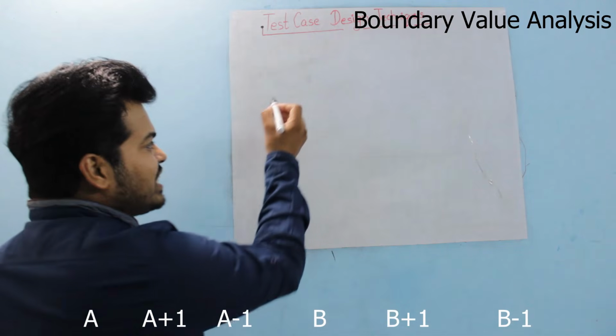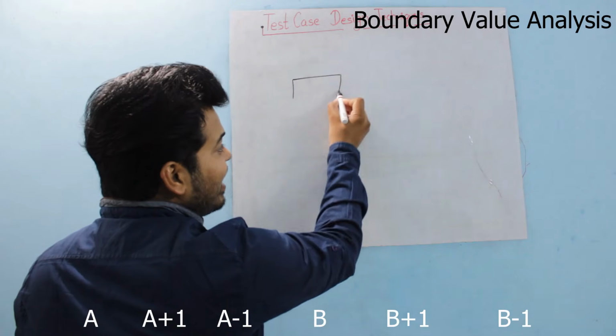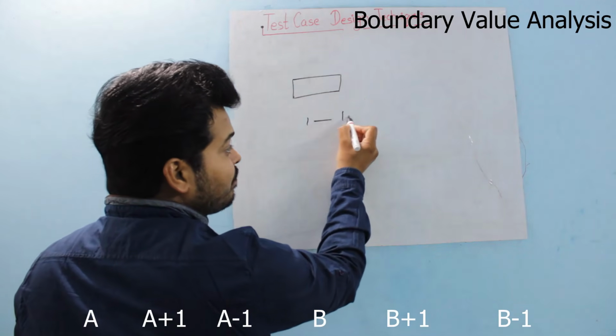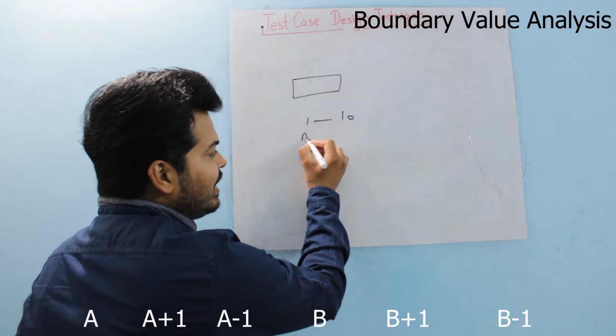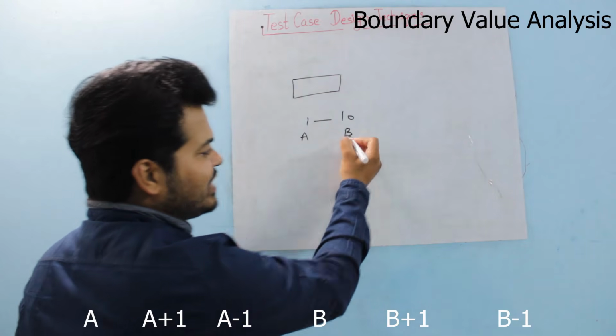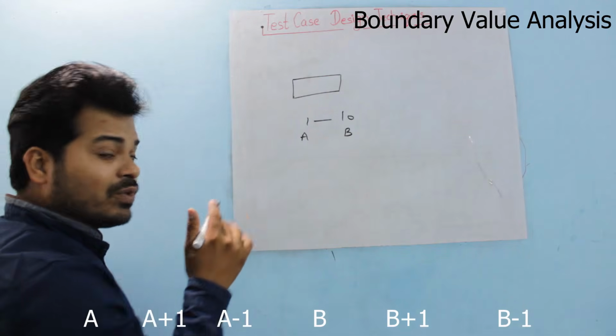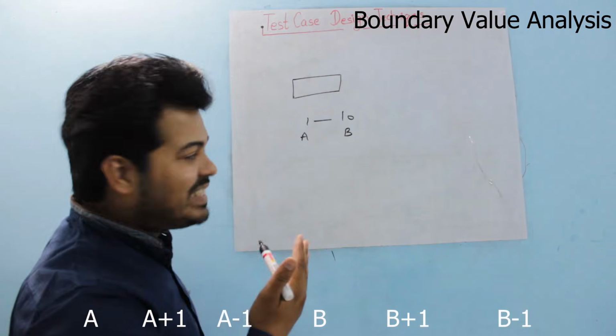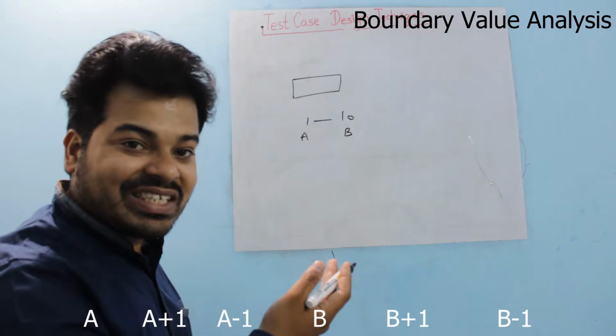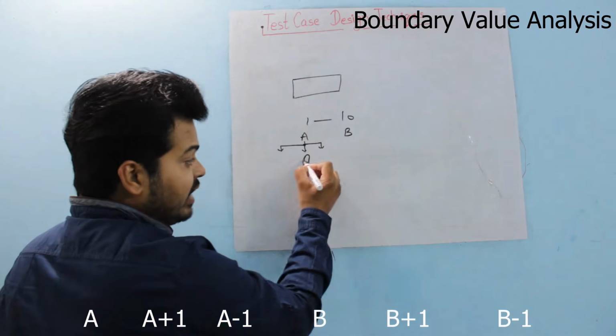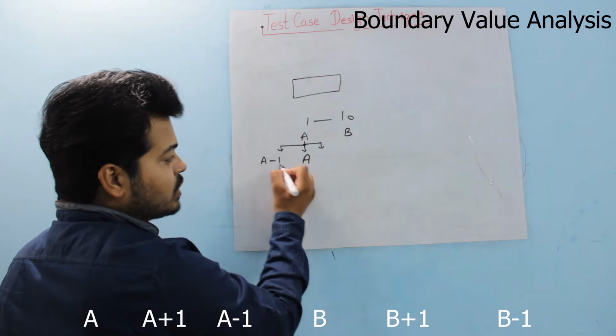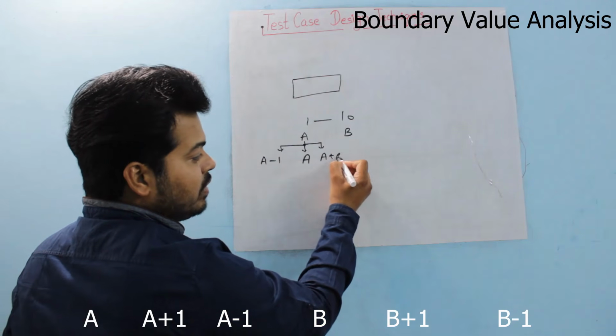Let's say you have a text field which accepts values between 1 and 10, which is nothing but my A and B. Let's say, for simplicity, I'm just telling you this. So boundary value analysis says that you have to design your test cases for A minus 1 and A plus 1.